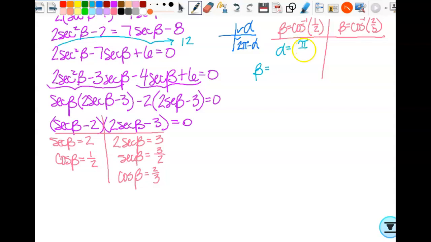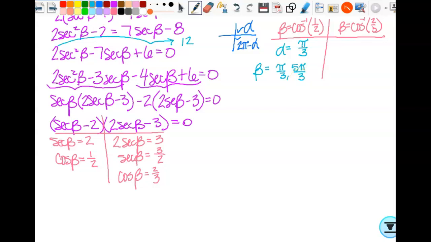Remember, you use the decimal unless it's a value you know. You know that one, so that needs to be an exact form. Okay? It's pi-thirds. So that means I need my beta is the first and the fourth quadrant pi-thirds angle. So beta is pi-thirds and what? 5 pi-thirds. Don't make it harder on yourself like, okay, I got to do 2 pi minus 5 pi-thirds, because you know how to do that.